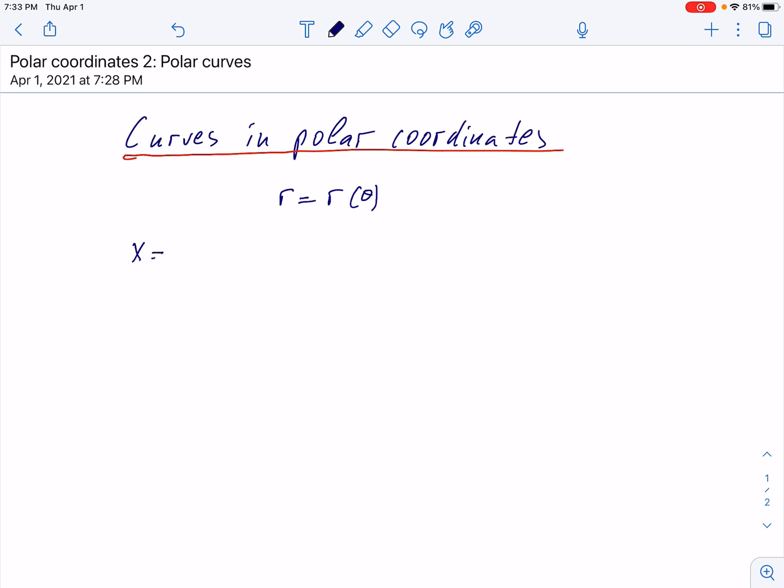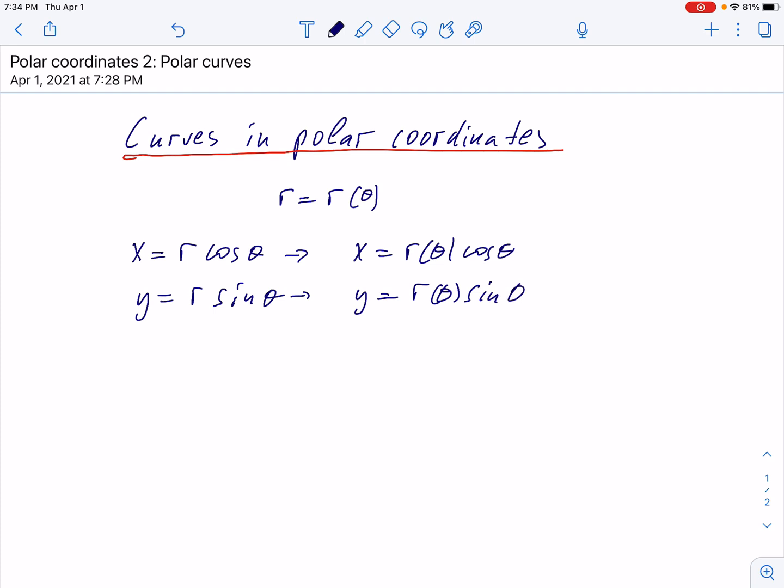We know that x equals r cosine theta, so that we can write x equals r theta cosine theta. Same way, y is r sine theta, y is r theta sine theta.